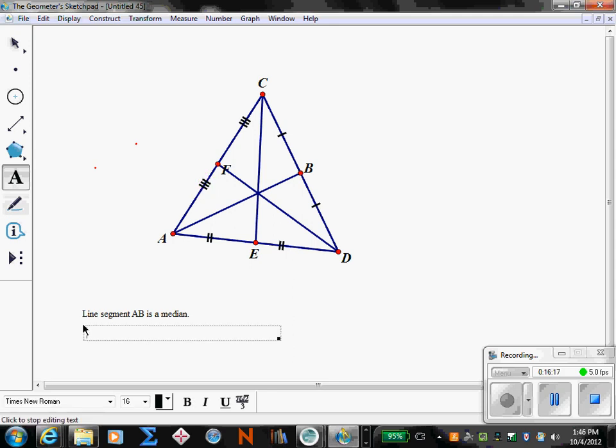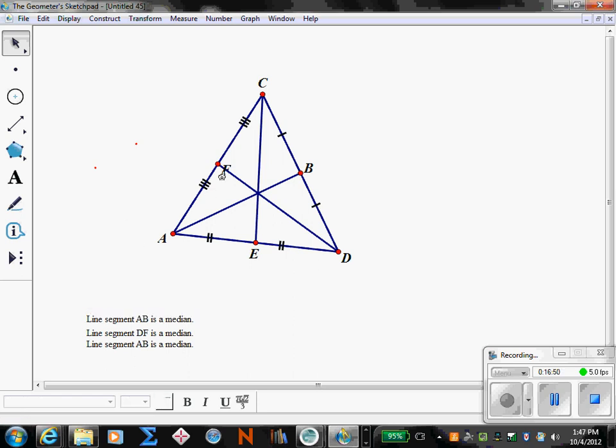So line segment DF is a median, and line segment AB is a median. Okay, so make sure you take a picture, snapshot it, and put it in your notebook to go with the definition of a median. Remember, it goes from the vertex to the side opposite at its midpoint.